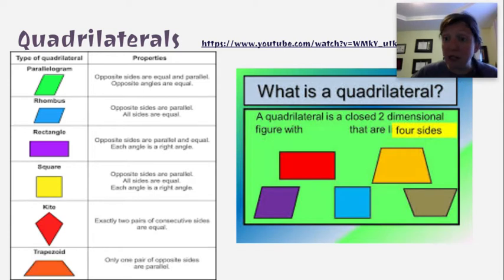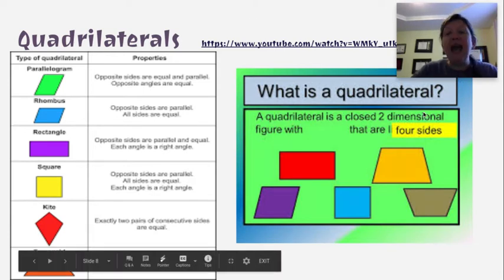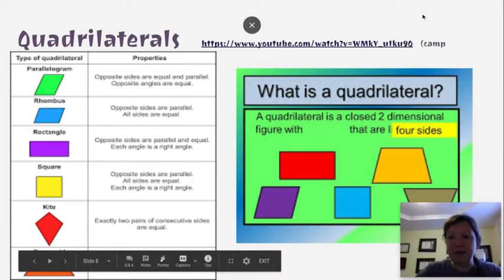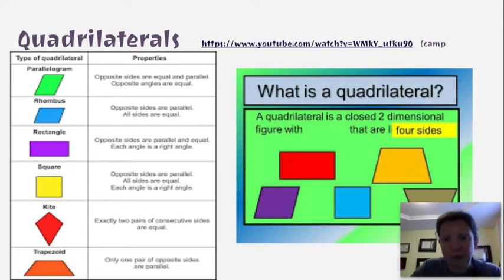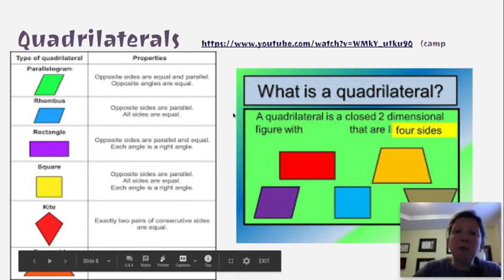Quadrilaterals. Remember, quadrilateral is simply a four-sided polygon. Now, there are different kinds of quadrilaterals, and we name those by looking at those other attributes, such as parallel lines.